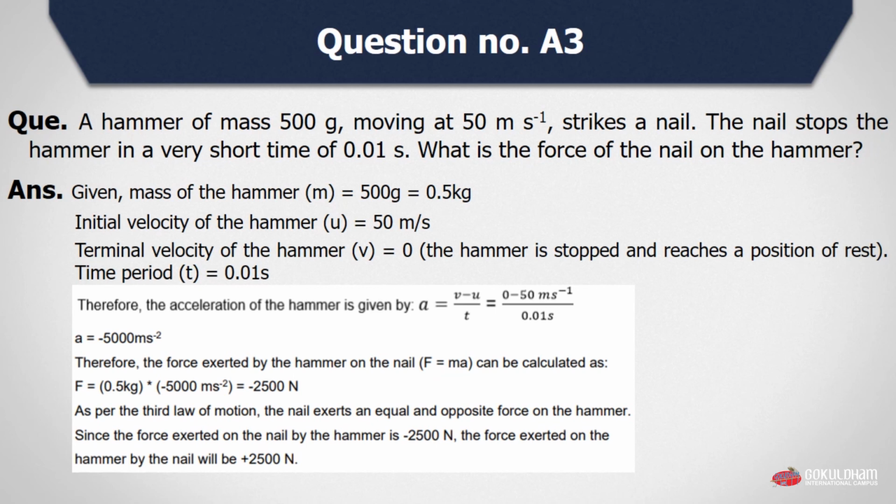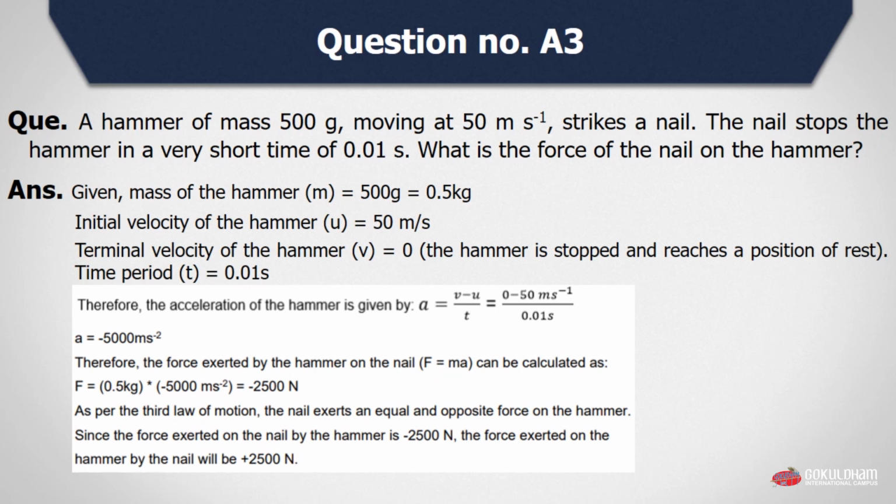Now as per the third law of motion, the nail exerts an equal and opposite force on the hammer, means the nail will also exert an equal amount of force in the opposite direction on the hammer. And since the force exerted on the nail by the hammer is minus 2500 Newton, the force exerted by the nail on the hammer will be plus 2500.